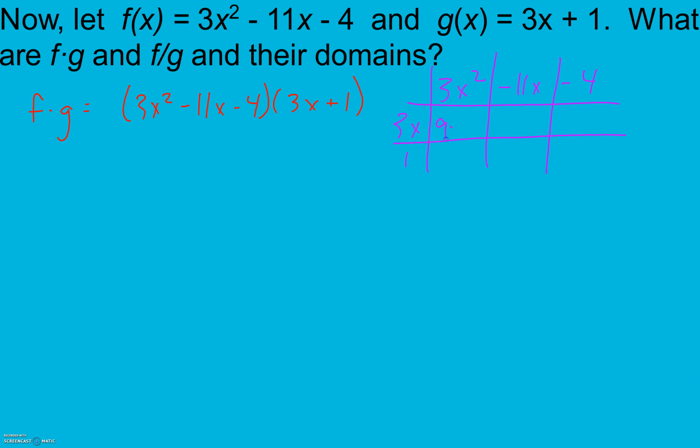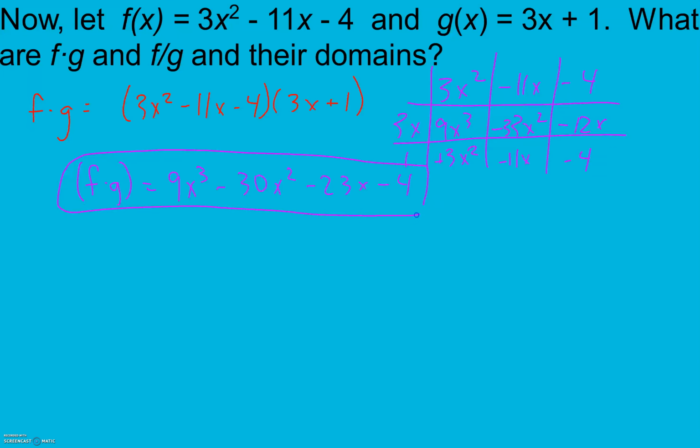Here I get 9x cubed minus 33x squared minus 12x plus 3x squared minus 11x minus 4. Now I'm going to combine my like terms here. 9x cubed minus 30x squared minus 23x minus 4.